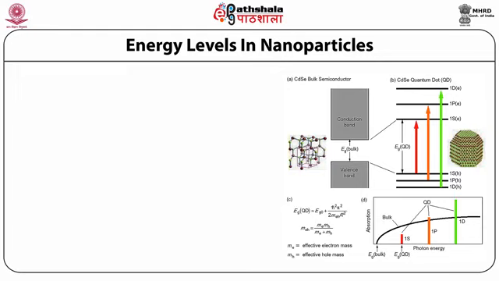The energy gap for a quantum dot equals Eg naught plus h cut square pi square by 2 mu R square, where mu equals Me multiplied by Mh divided by Me plus Mh, where Me is the effective electron mass and Mh is the effective hole mass. The last figure shows the absorption spectra of the cadmium selenide quantum dots.